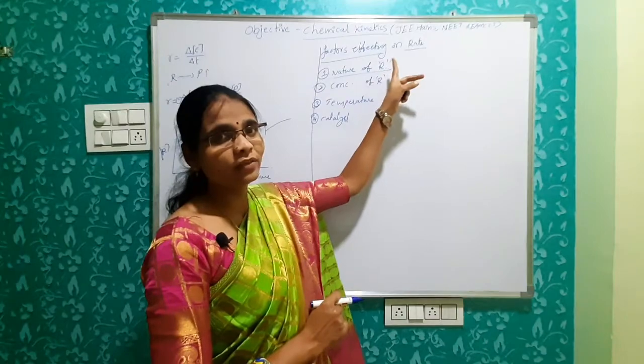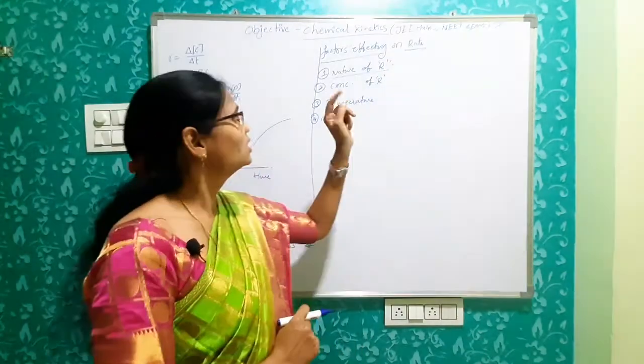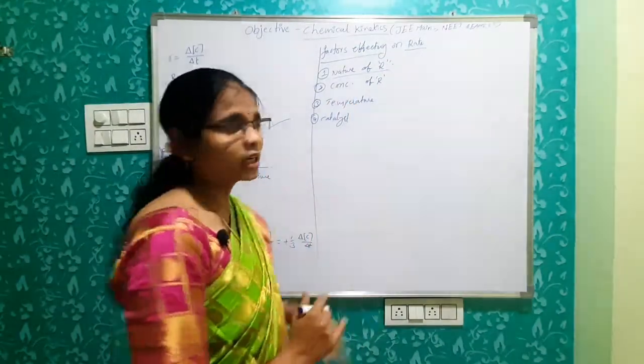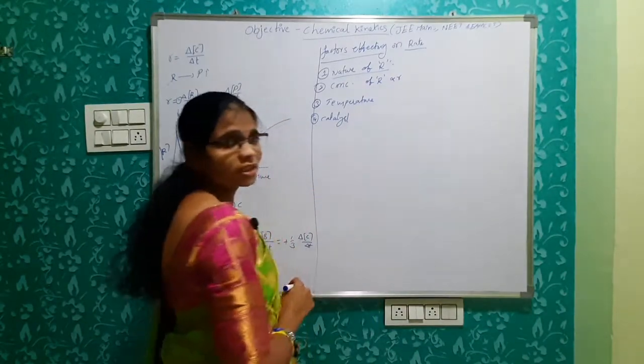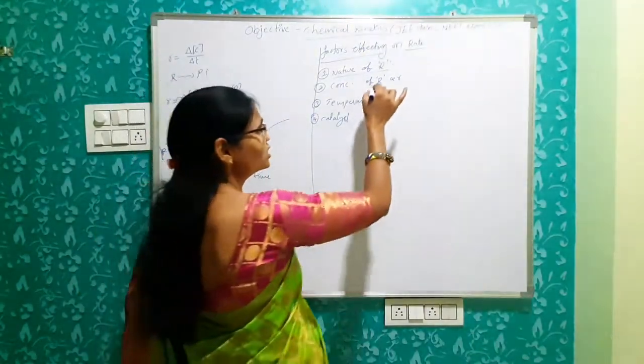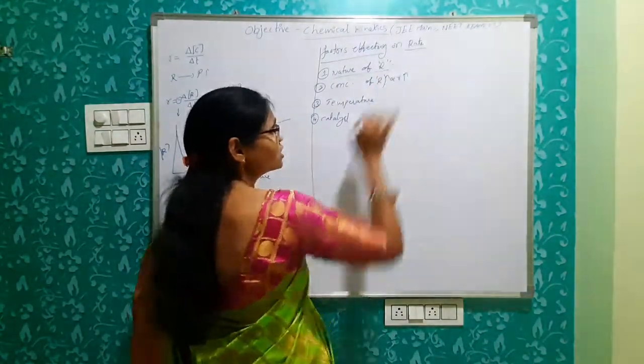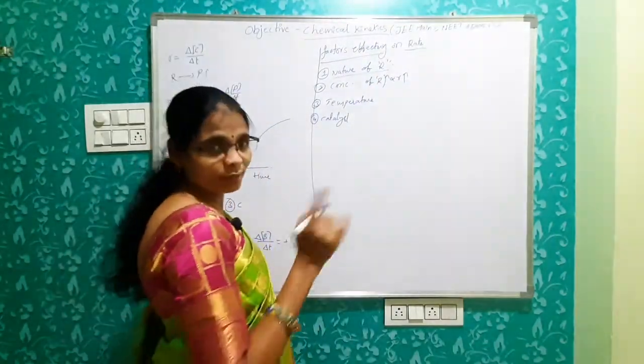Ionic reactions are very fast when compared with covalent reactions. Next, concentration of reactants: the rate of the reaction is directly proportional to the concentration of the reactants. As the concentration of reactants increases, the speed also increases at a given temperature.